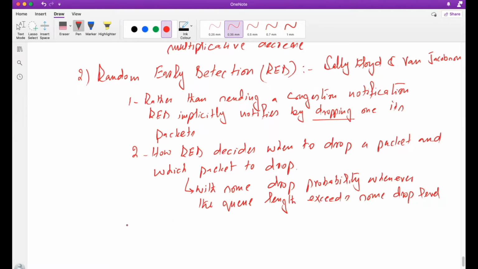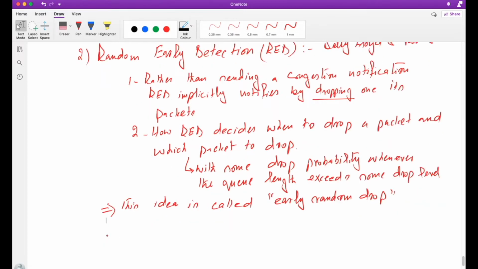And that's why this idea of dropping packets early with a probability is called early random drop. Okay.